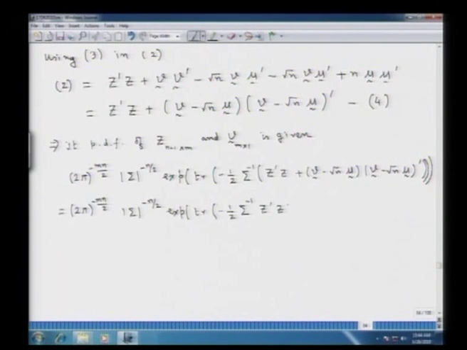So that's the first term, and then we will have trace of minus half sigma inverse v minus root n times mu, multiplied by v minus root n times mu transpose, so that this trace comes here, and we will require one more bracket.